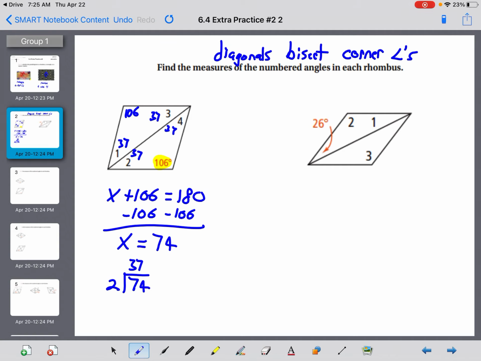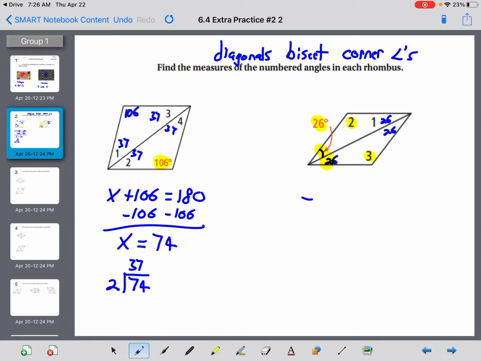Okay? So we're going to kind of do the reverse of that scenario here. If this little tiny angle is 26, that means this side is also 26. And that means that angle 1 is also 26. And that this little side is 26. So really, all we need to find is angle 2 and angle 3. Well, remember, 26 and 26 here makes 52.